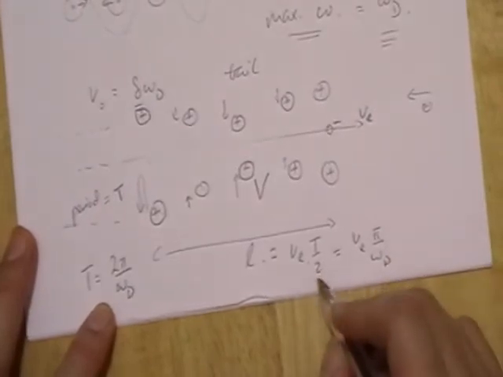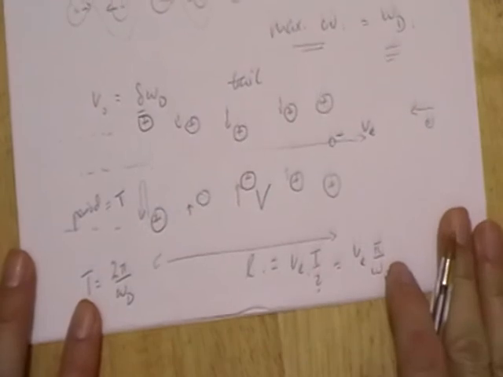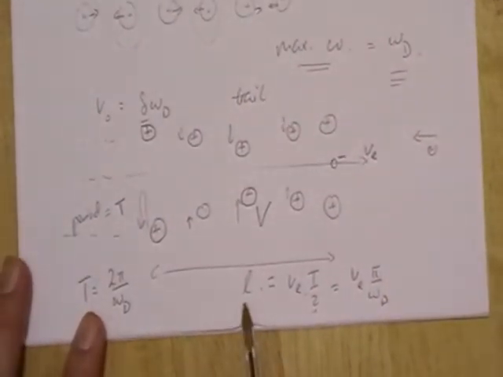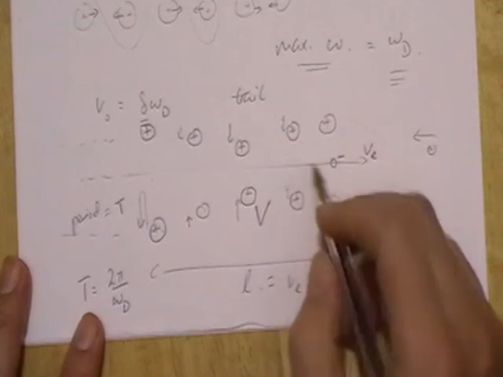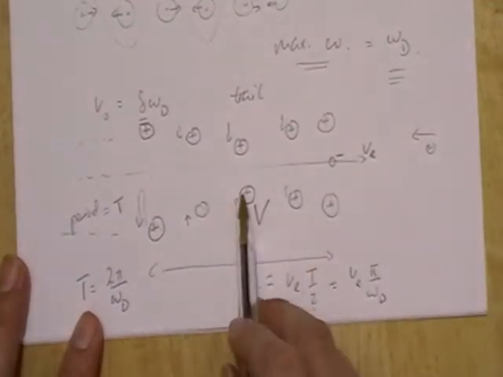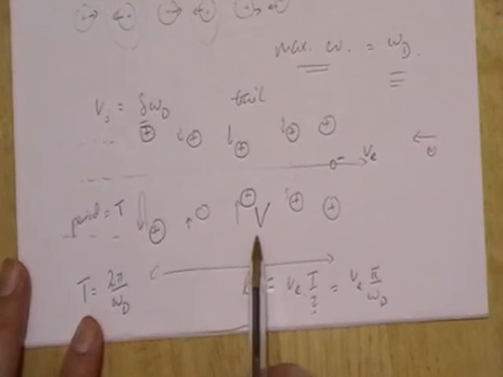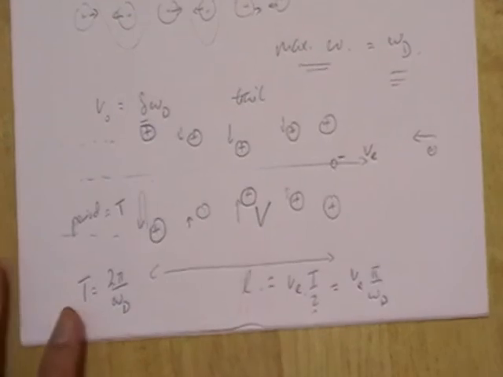The 2 here would cancel out with the 2 there. So now we are able to calculate the length of this trail and the maximum potential in the trail. So therefore we can sketch a graph showing this potential.